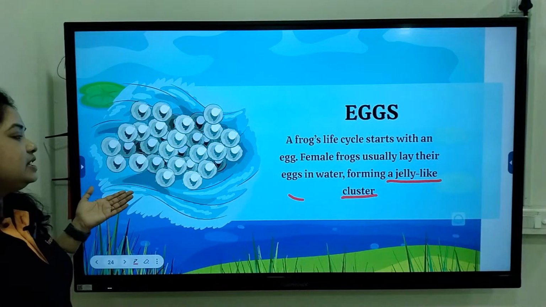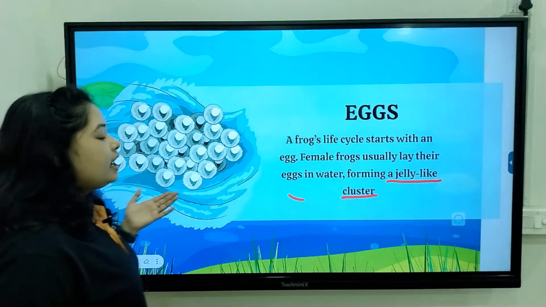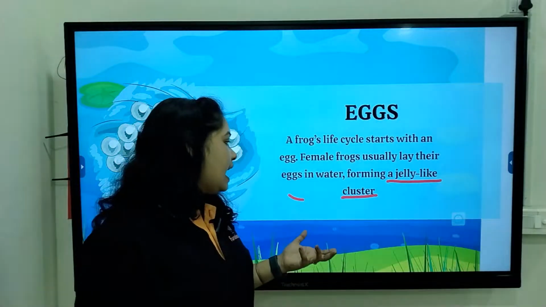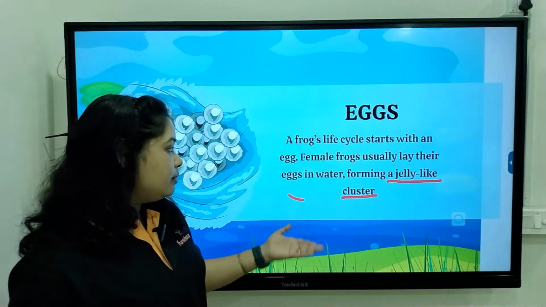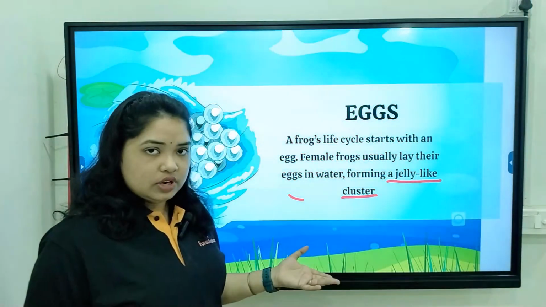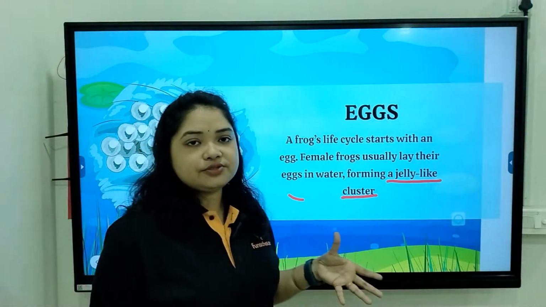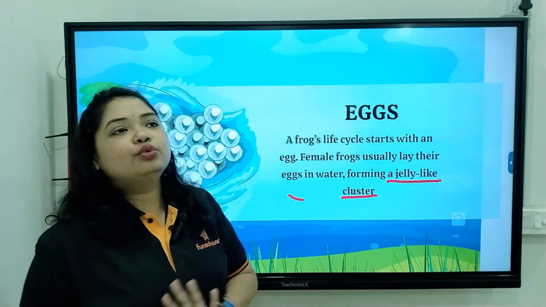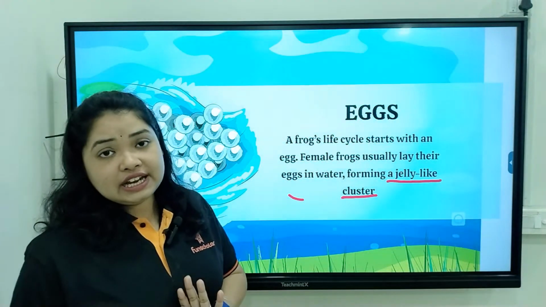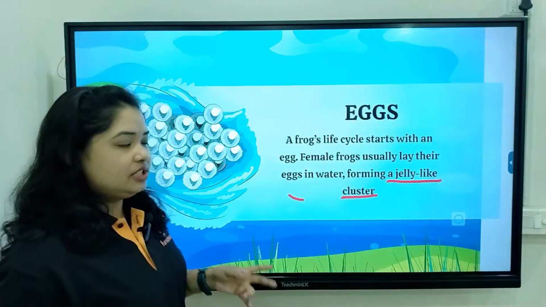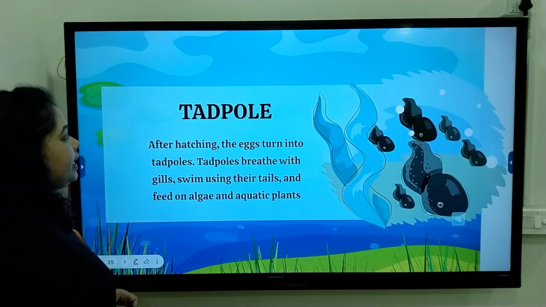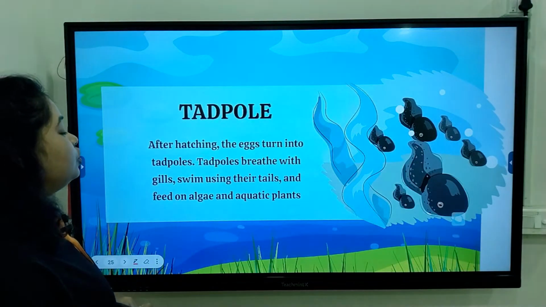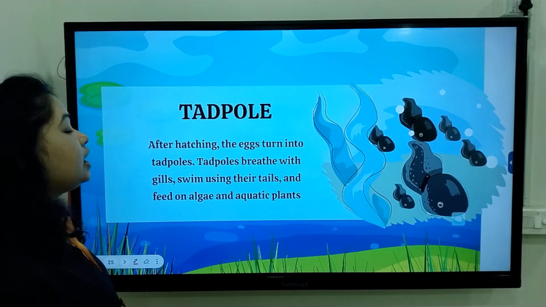You can refer to this image given here, that it is jelly-like, a semi-solid type of thing, and it will be laid in water only, because their life starts from the water and later on they can come off onto the land and interchange their habitat. Then the eggs will hatch, and from those eggs tadpoles will come out.